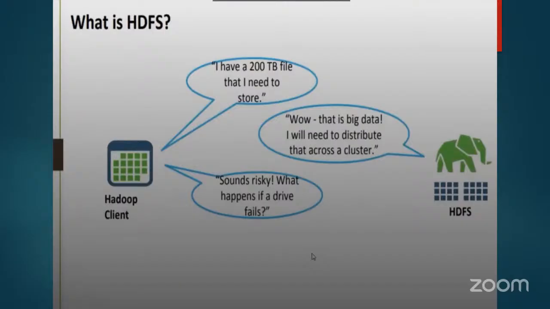If suddenly one piece goes off, like one drive working for that particular data fails, that entire data is going to be erased. Data is very crucial for us because we can't retrieve it once it is erased. So it looks risky, and the Hadoop client is saying that it is risky.